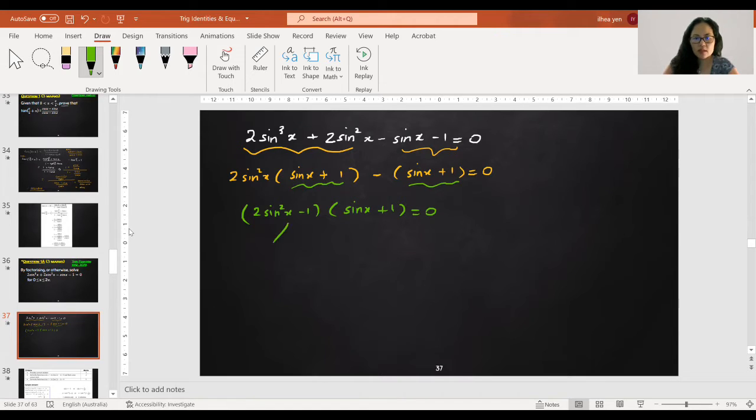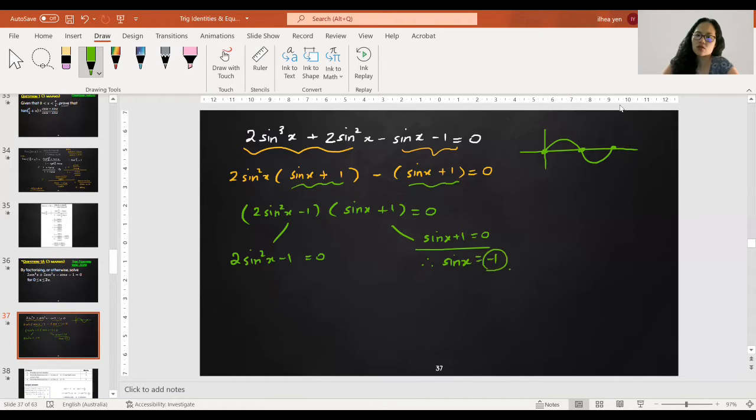So I'm going to separate these: 2 sine square x minus 1 equals 0, or sine x plus 1 equals 0. Now, this is a boundary angle, so I'm just going to sketch this sine wave here. This one is sine x equals minus 1.